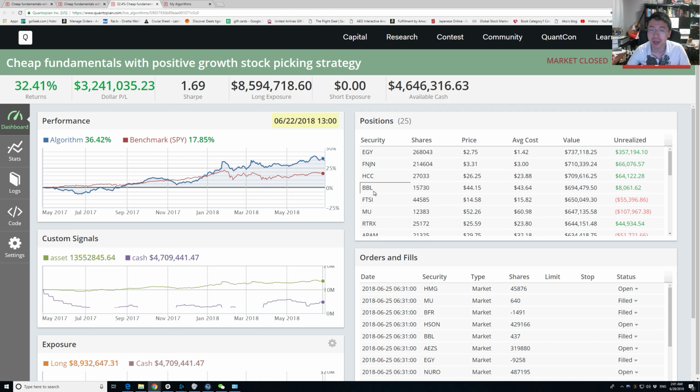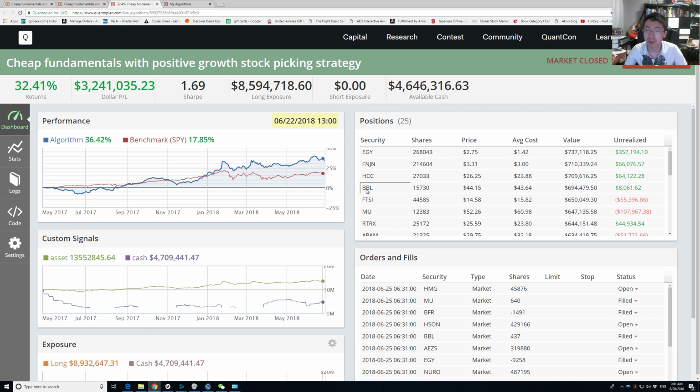I actually have BBL. That's quite funny. But yeah, so what we have here is, I think EGY is some kind of coal company. FNJN looks very interesting. I'm actually going to dig into that. It's some kind of patent company that deals with net security. Here's another coal.